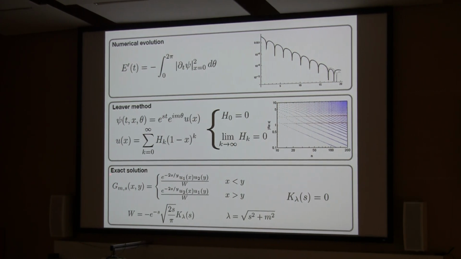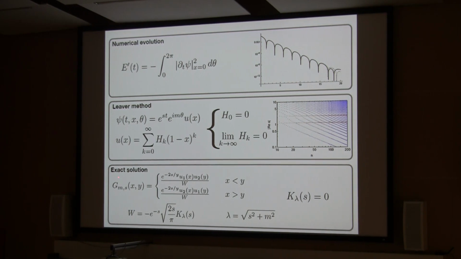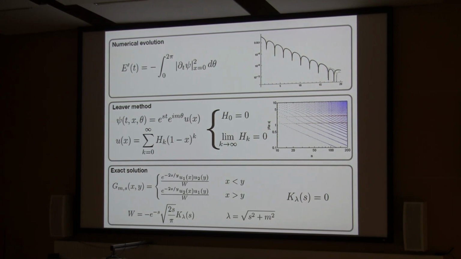In fact, one can write down the Green function for this equation, and it turns out that it has the following form with denominator given by this W. Now, if this W is non-zero, then everything is fine. But when it is 0, then we have a problem with the Green function, which means that it is not invertible. This exactly means that we have a quasi-normal frequency.